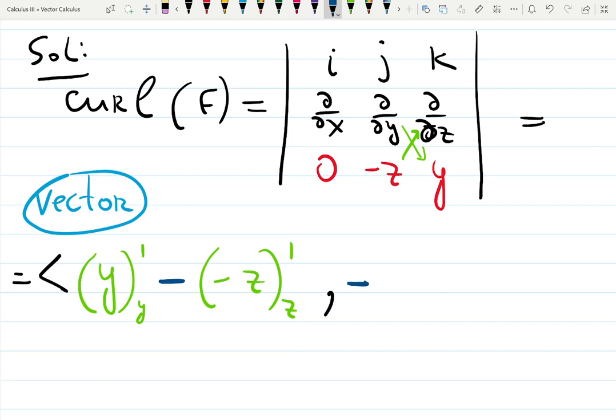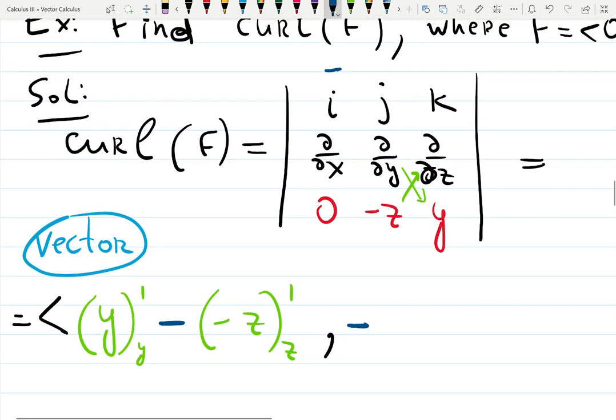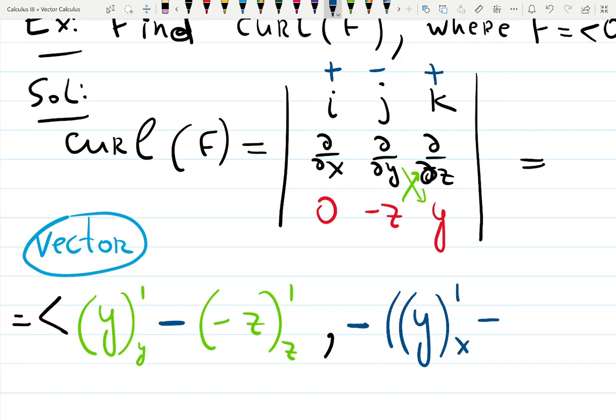Now, minus in front of this stuff, or switch the order. I don't think you'll remember switching the order. So put minus because of the plus minus plus formula. So minus goes first and open parentheses. I am imagining crossing these off, like you're bombarding them, they disappear. Now, y is multiplied by derivative with respect to x. So it's going to be y prime with respect to x, that is 0, minus 0.